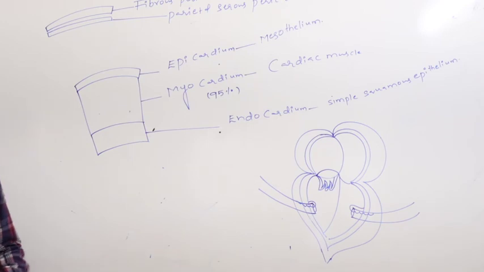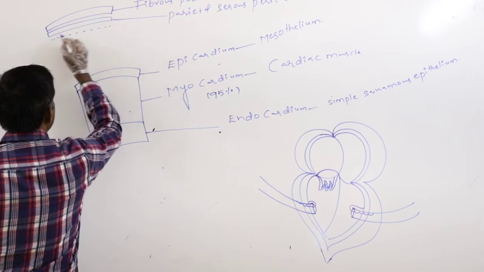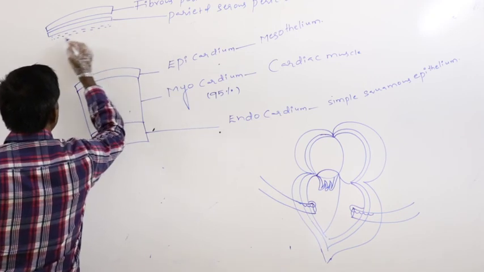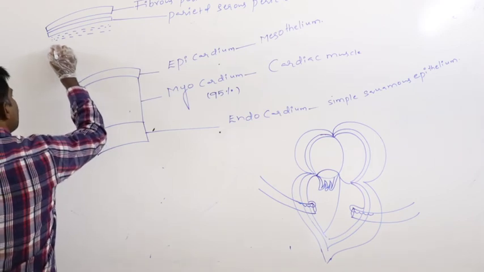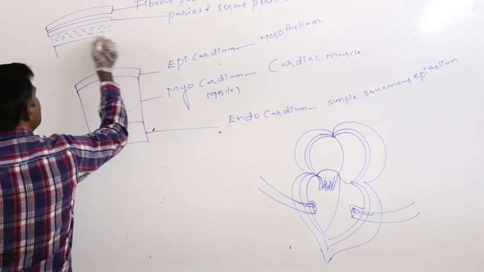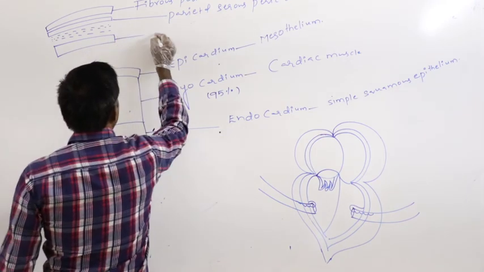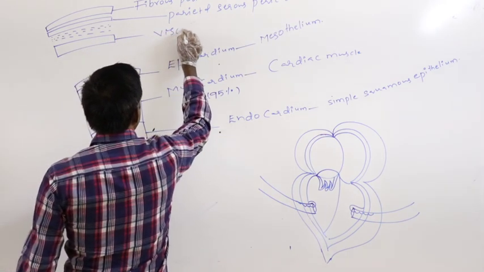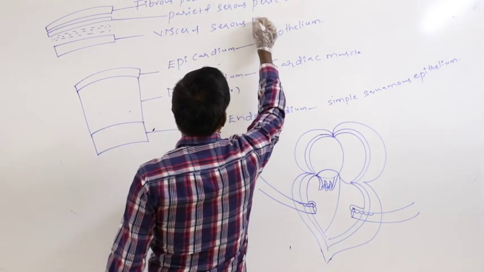Below that, the space which is present is the pericardial space, in which pericardial fluid is present. Next, this layer is said to be the visceral serous pericardium.